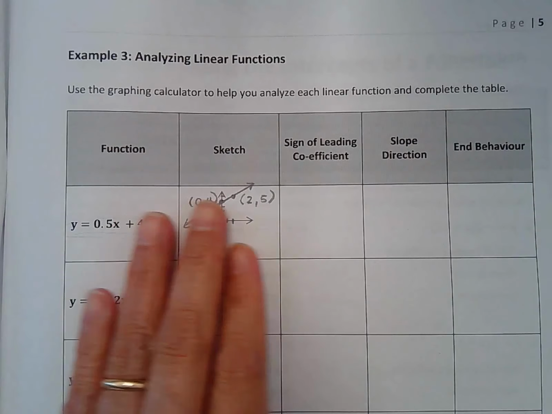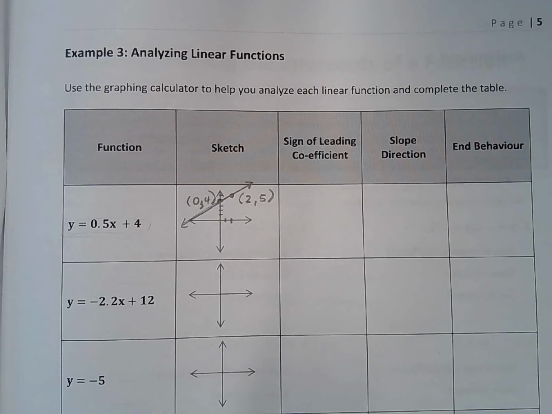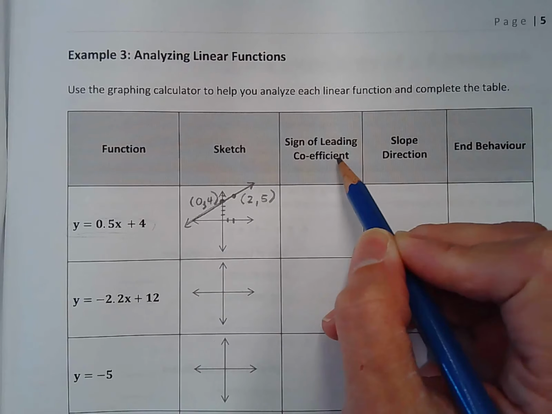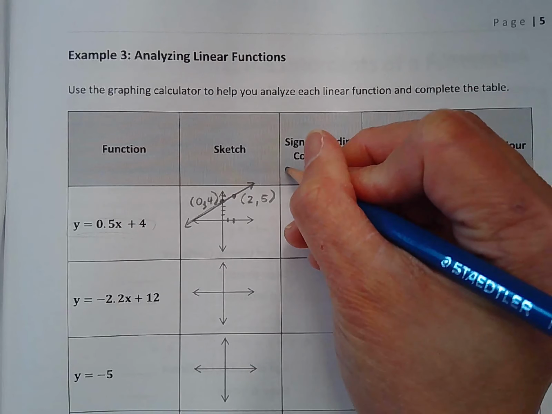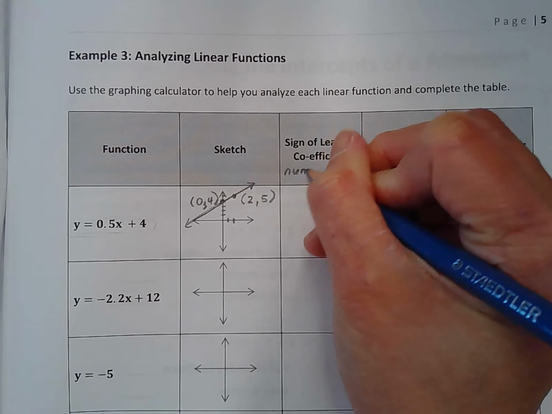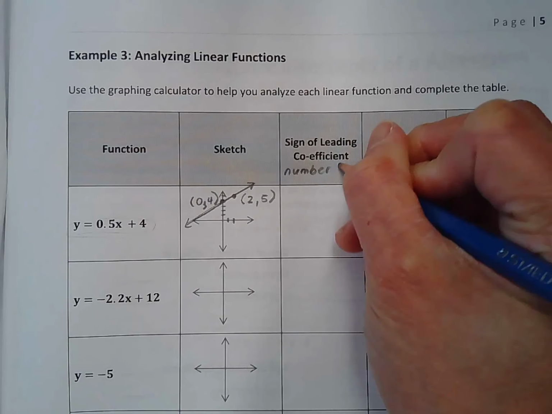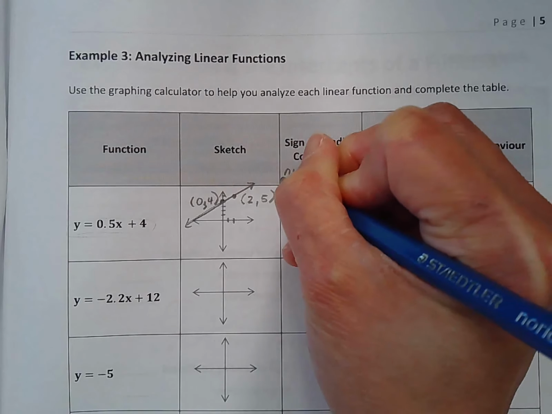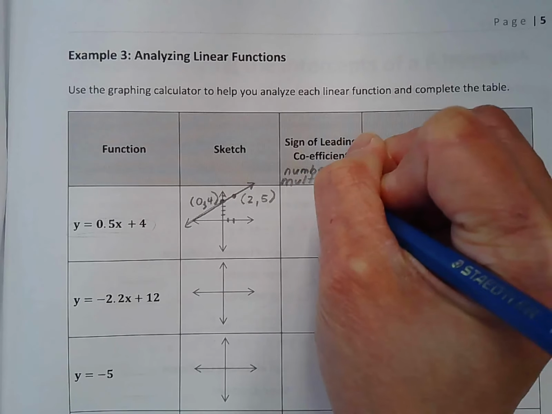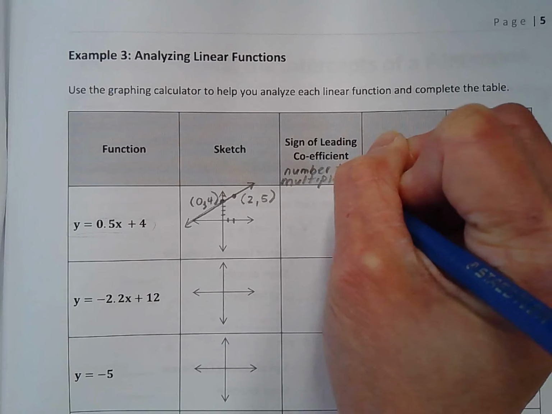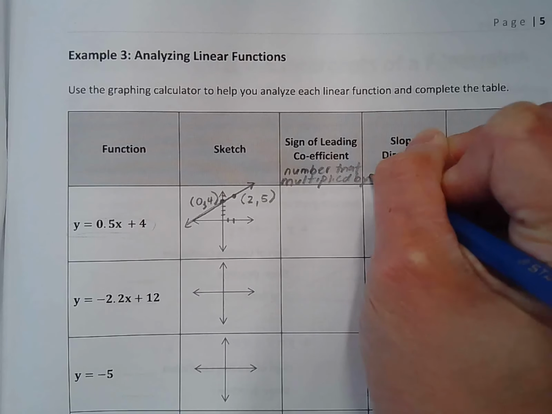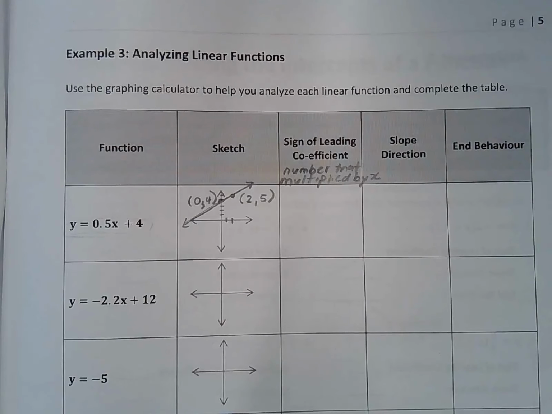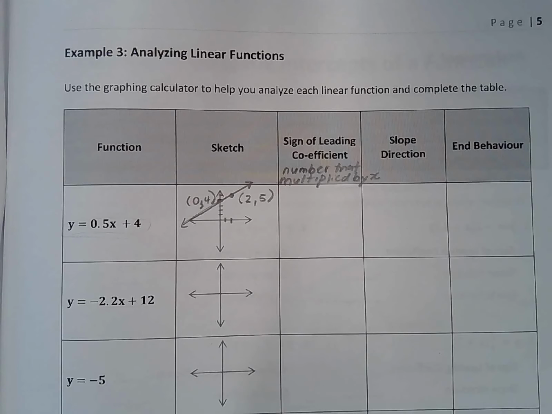Now let's fill in across. What is the sign of the leading coefficient? The sign of the leading coefficient: this is the number that is multiplied by x. So the number that's being multiplied by x, that's the leading coefficient.